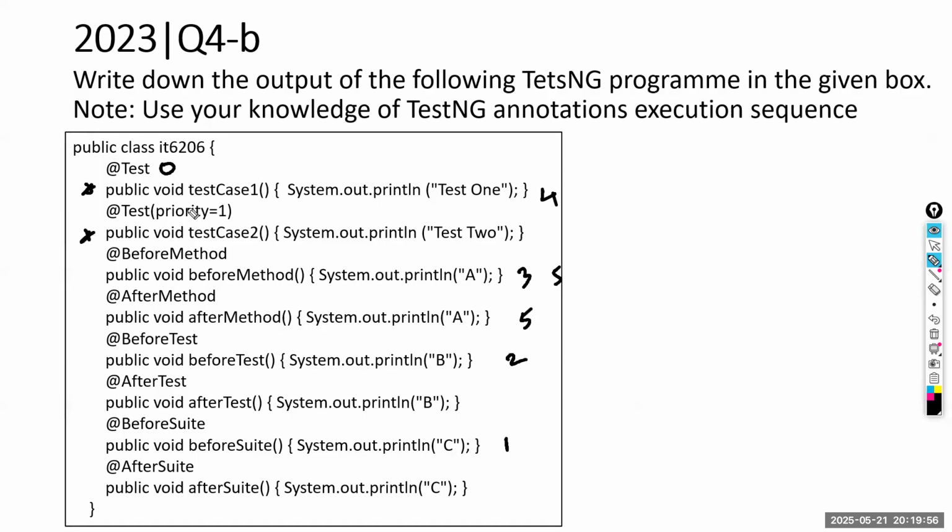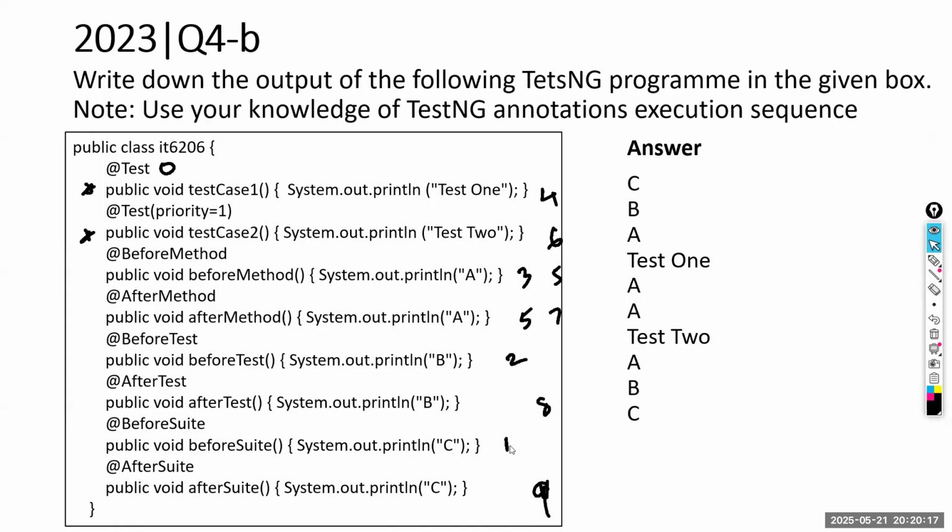Then your second test, which is priority 1. Then after method. Right. Then after test and after suite. Okay, so that should be the order. Starting with C, then B, then A, then test 1, then A, then test 2. I don't know why twice A, test 2, that is 7.